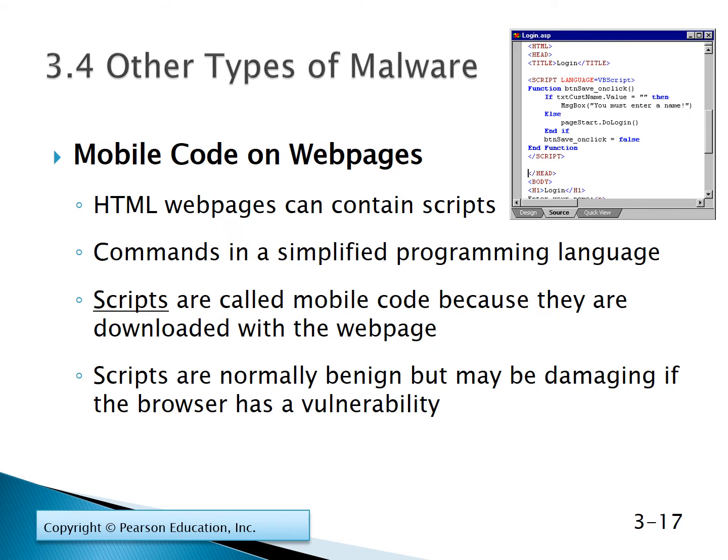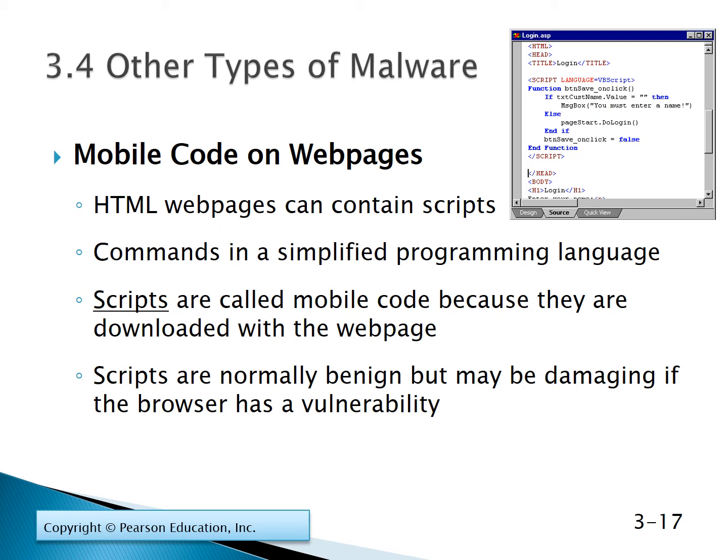So there are also other types of malware, like mobile code on web pages. HTML web pages can usually contain JavaScript or other scripts. Like in the little screen here, we have a very simple script, a simple VB script that very few people use on web pages now, but it's just an example.